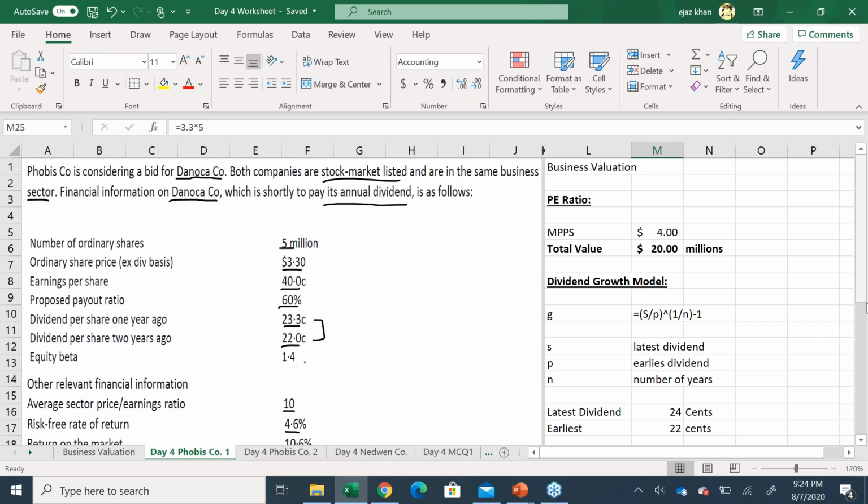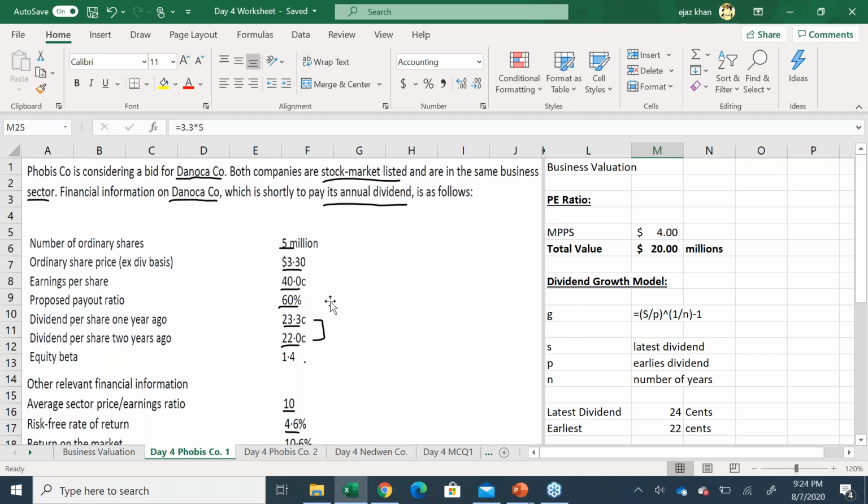Okay, first of all, my question to all of you. Let's say you are the shareholder of Denoka company, and you are a majority shareholder. One share of your company could be sold in the open market for $3.3. Forbes company wants to buy this company from you, and you are willing to sell the company.